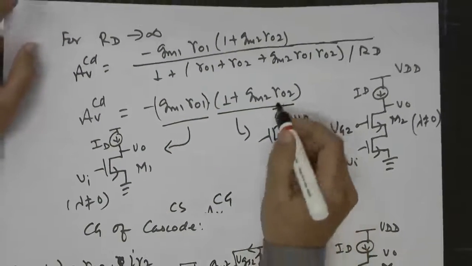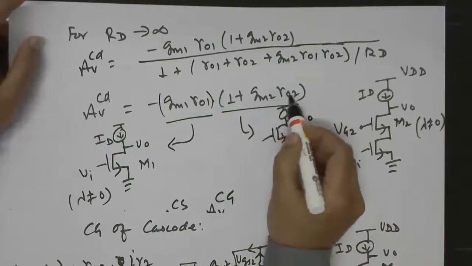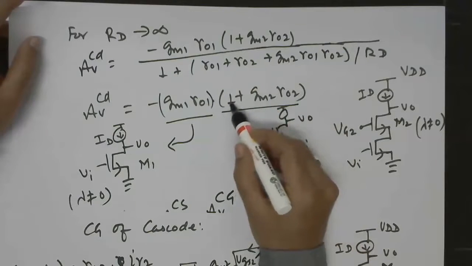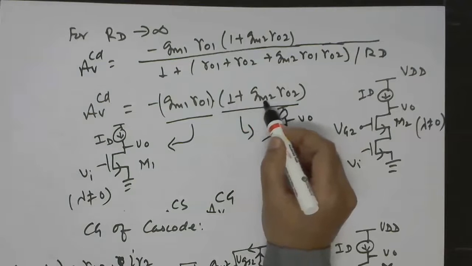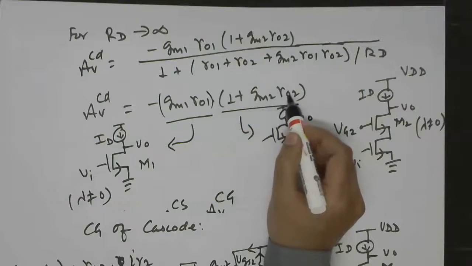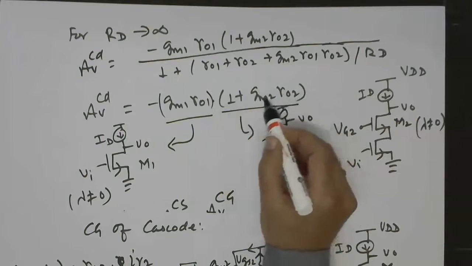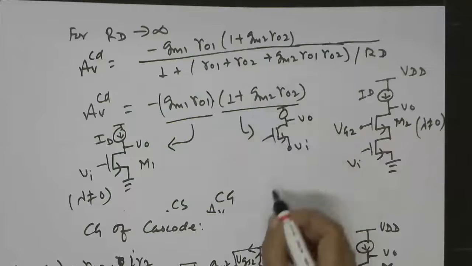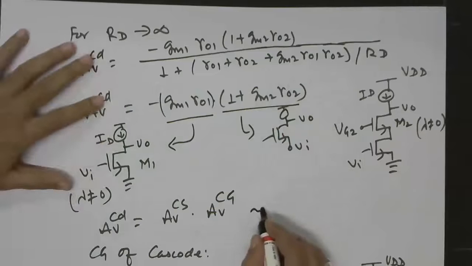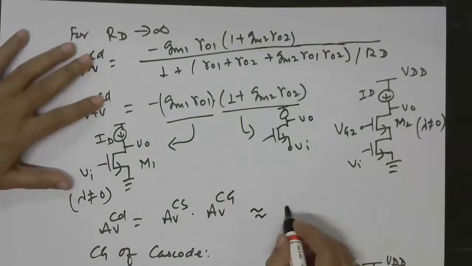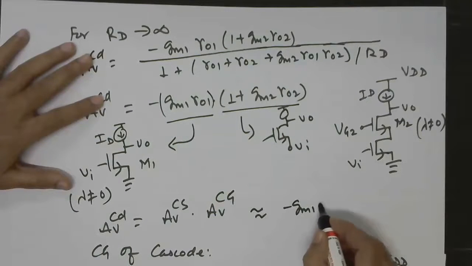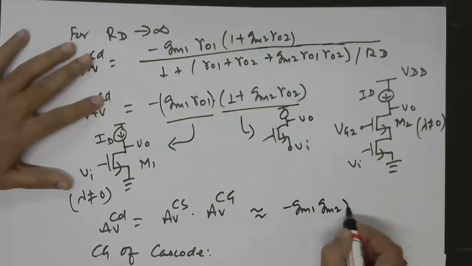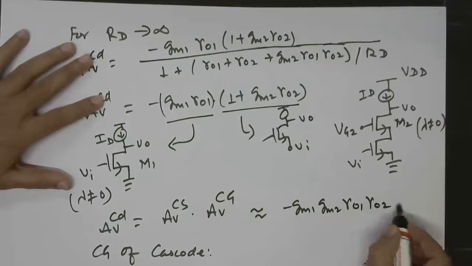right? And here this factor is going to be definitely a lot more compared with 1, because this is of order 10 raised to minus 3, this is 10 raised to 5 worst case. So this is going to be of order of 10 raised to 2. So this can be approximated as minus GM1 GM2 R01 R02.